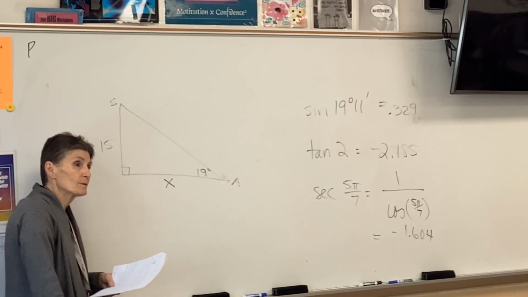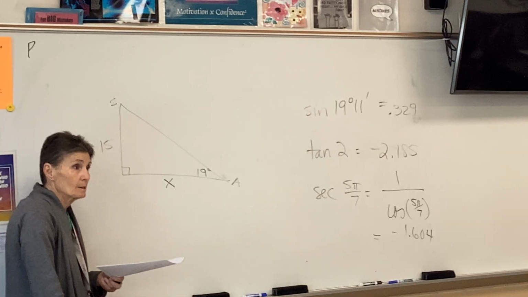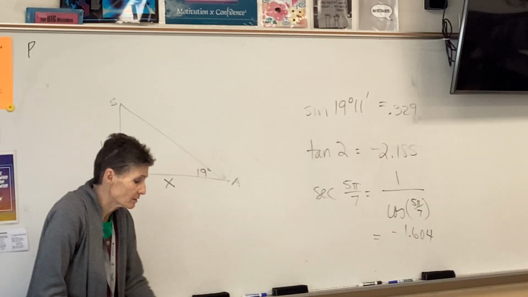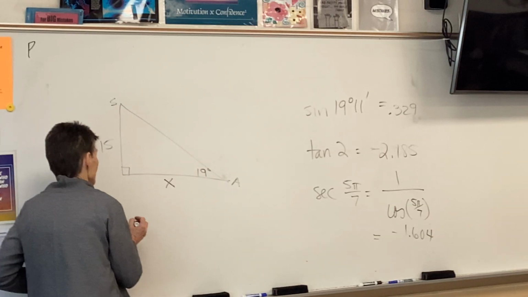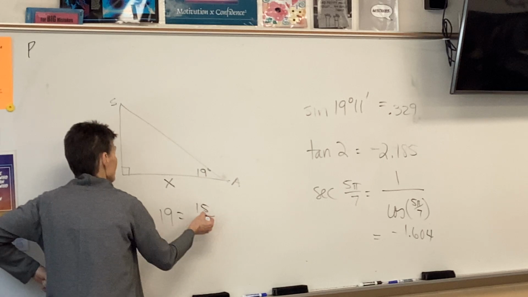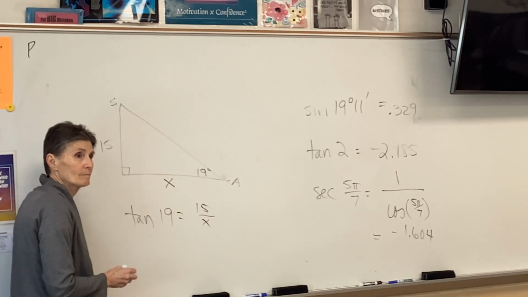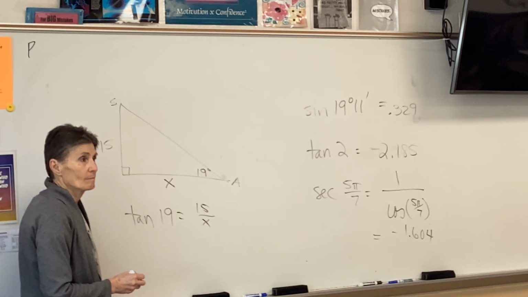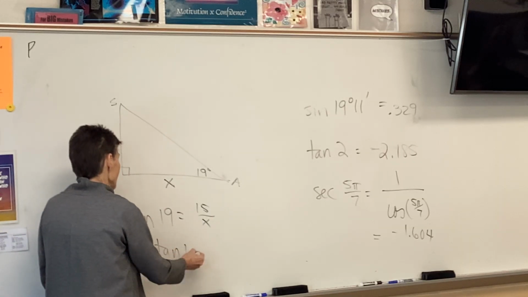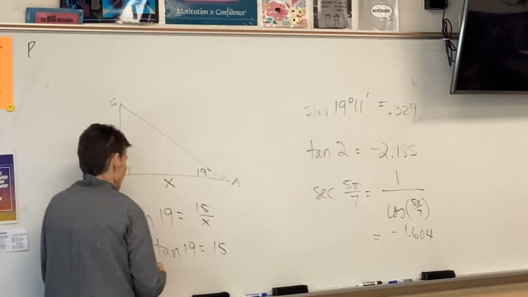So you got to read the question. Okay, pick a function, sine, cosine, or tangent. TOA, tangent. So tan 19 equals 15 over x. X tan 19 equals 15.